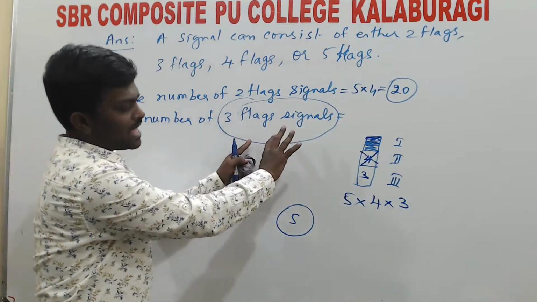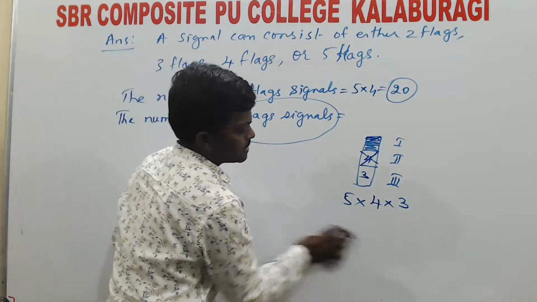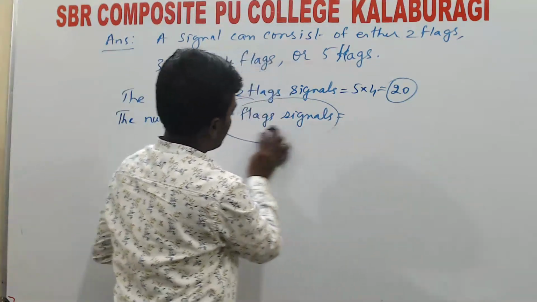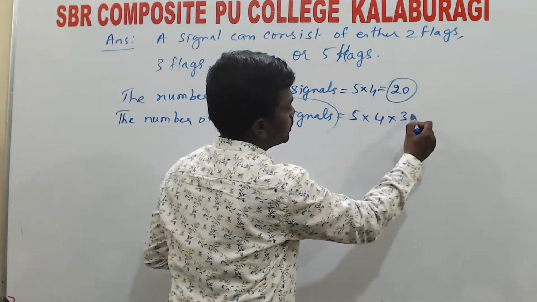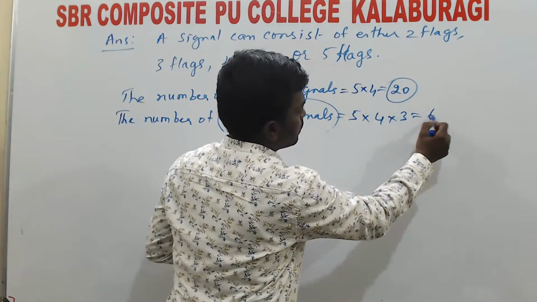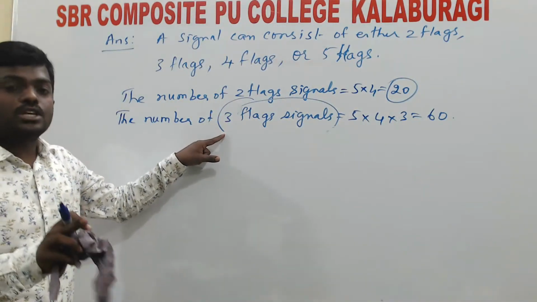So 3 flag signals can be done in 5 into 4 into 3 ways, which is equal to 60. But still the question is not complete.